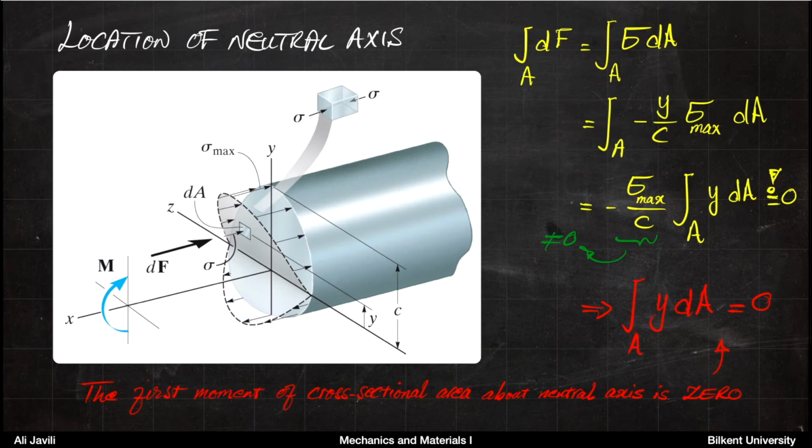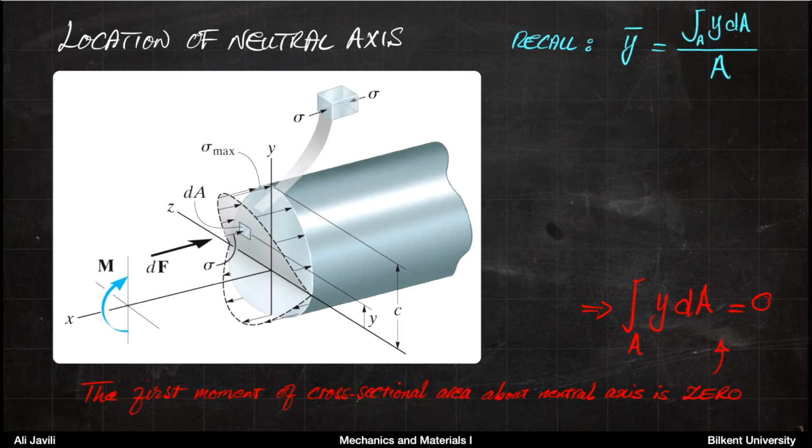In order to better understand this, let's remember the definition of the centroid. If you remember, the y-coordinate for the centroid was y bar equals integral of y dA divided by A. Now, if you compare these two, what you will see is that y bar would be 0.